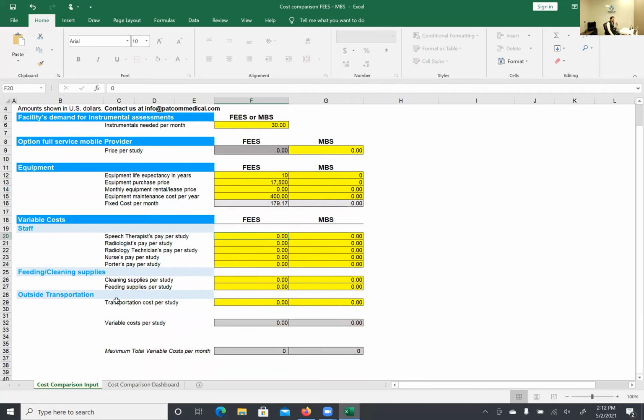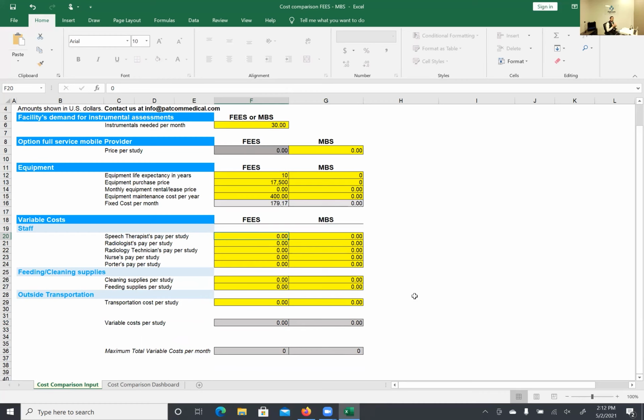Now we get to the variable cost for doing FEES and MBS, and the most important part is labor, right? Staff that you have to pay. So for your facility, you would go in and see, okay, how much does the speech pathologist make here?